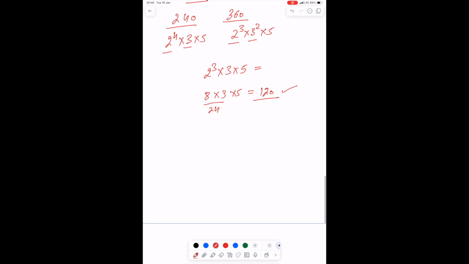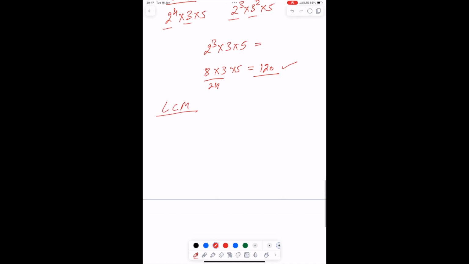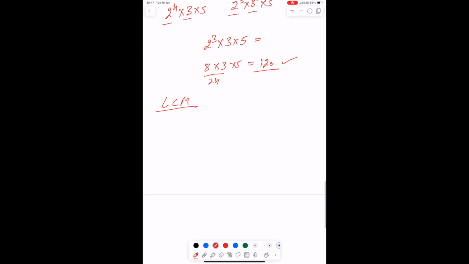Now if we have to take the least common multiple, try to understand what is least common multiple. It has to be a multiple which is common to both of them. Again we will use the same factorization. 240 would be written as 2 to the power 4 into 3 into 5, and 360 will be written as 2 to the power 3 into 3 to the power 2 into 5.